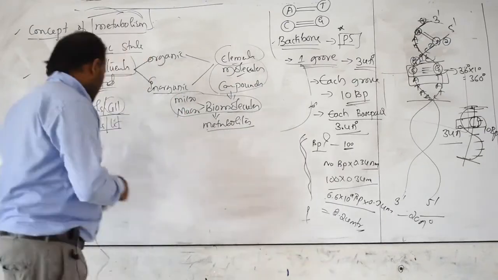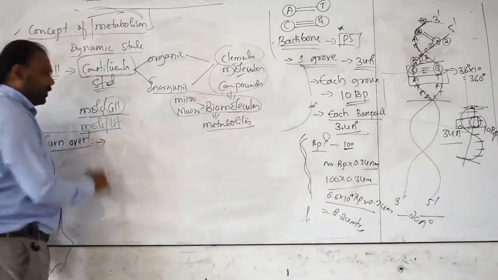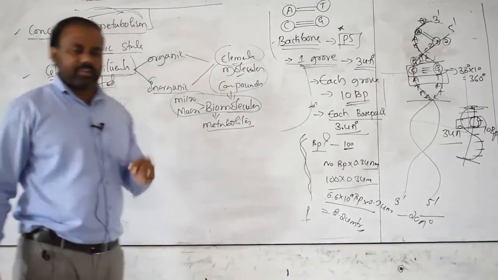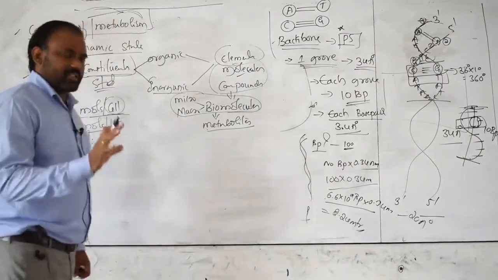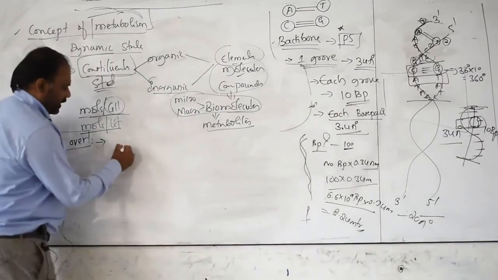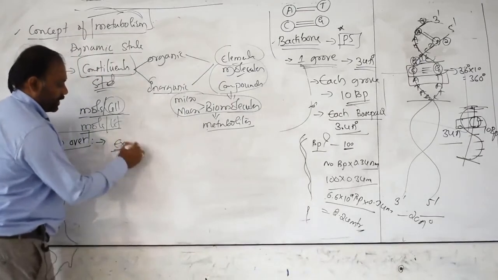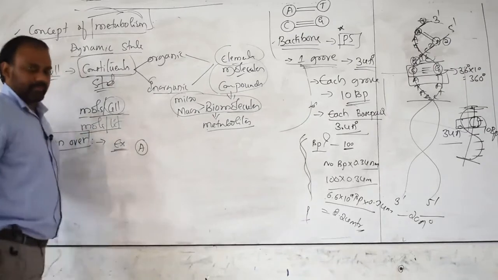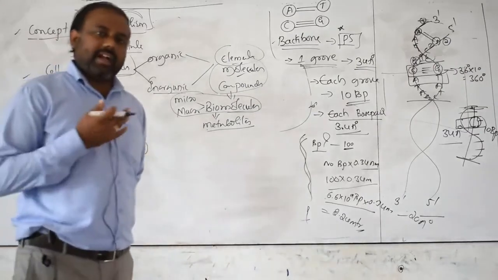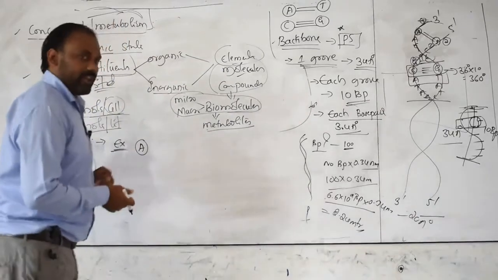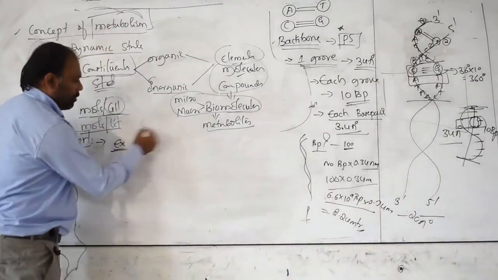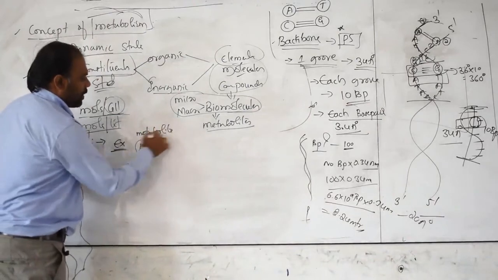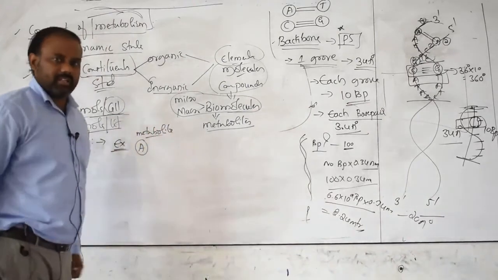Now tell me, what is turnover? Before entering into the actual definition, we'll discuss some points. See, this is a general example. Here we have A. In my example, A is a complex metabolite, a type of metabolite.